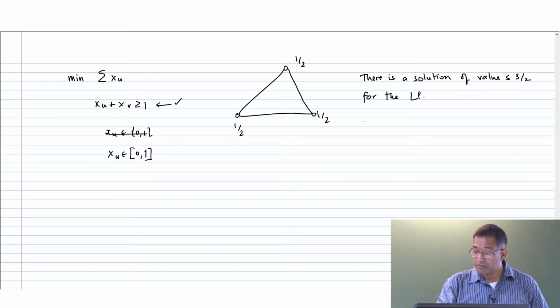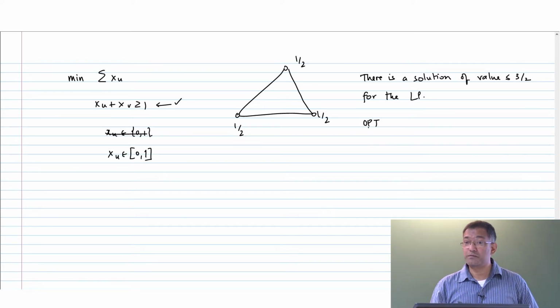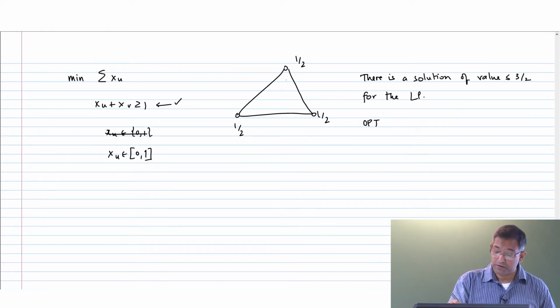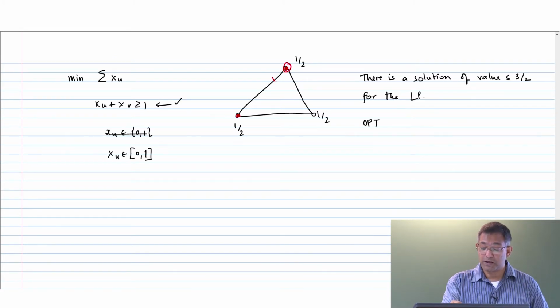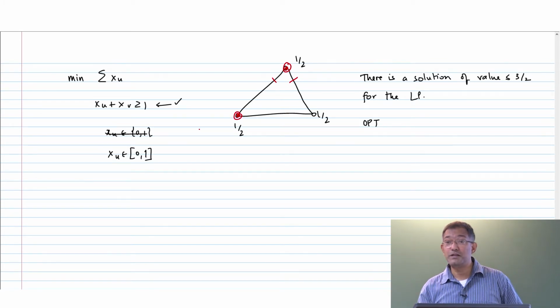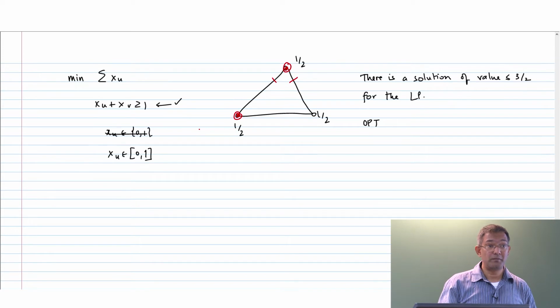But what is the optimal solution for the vertex cover problem? 2. You need 2 vertices, right? You pick this vertex, it covers these 2 edges, but then there is this one edge which is uncovered. So, you have to pick one of the 2 endpoints, and therefore, the optimal integer solution is 2. There is no solution of size smaller than 2, but the linear program gives you a solution that is strictly smaller, right?